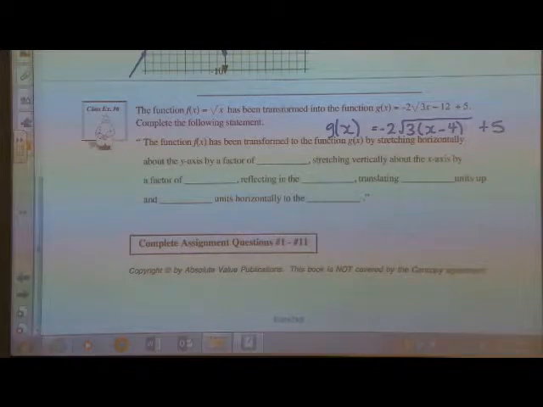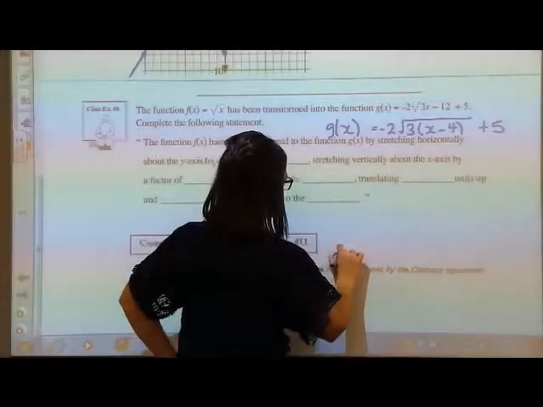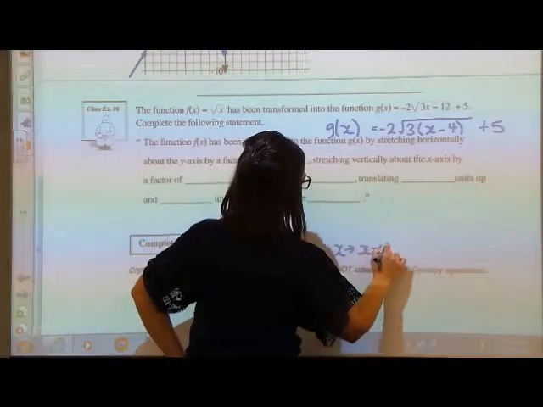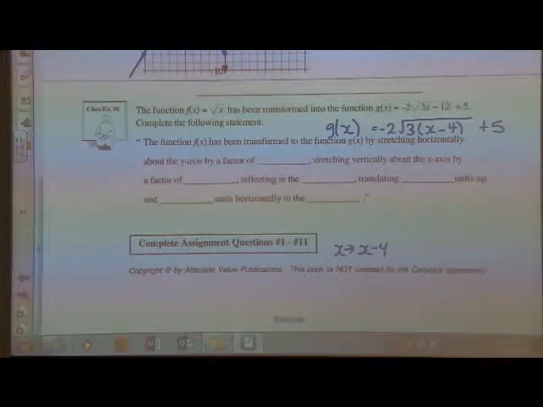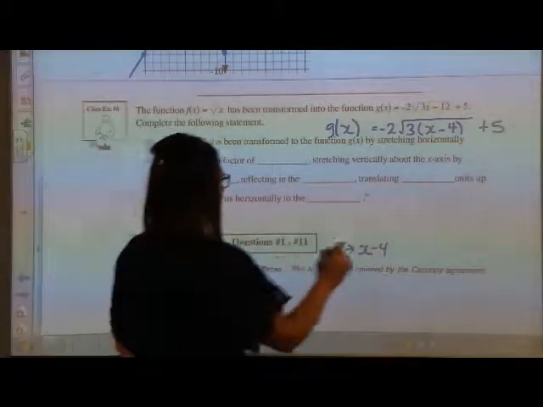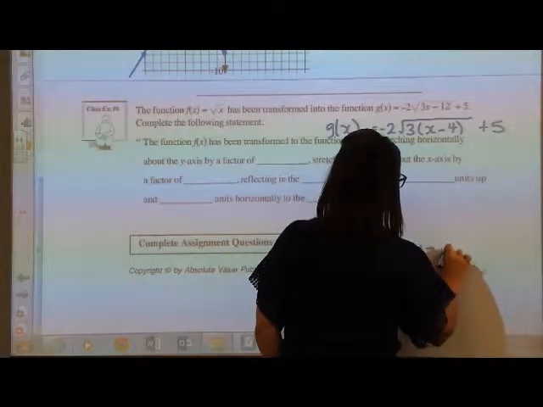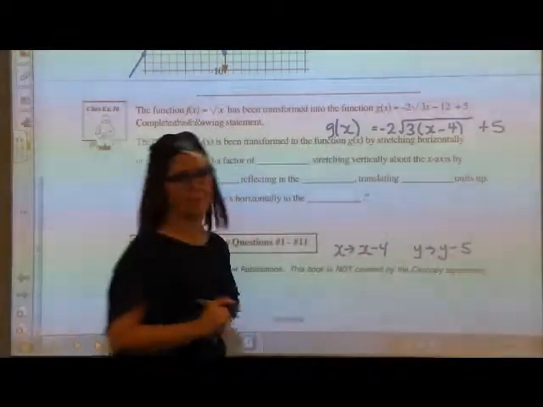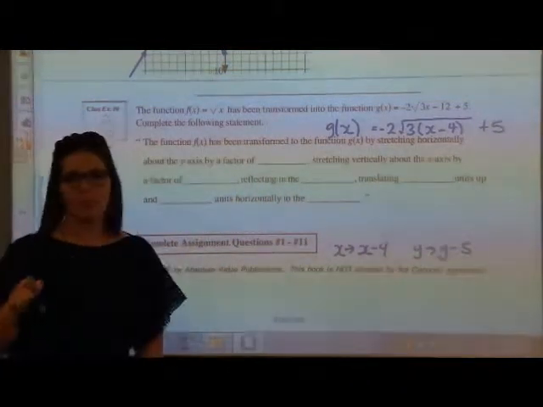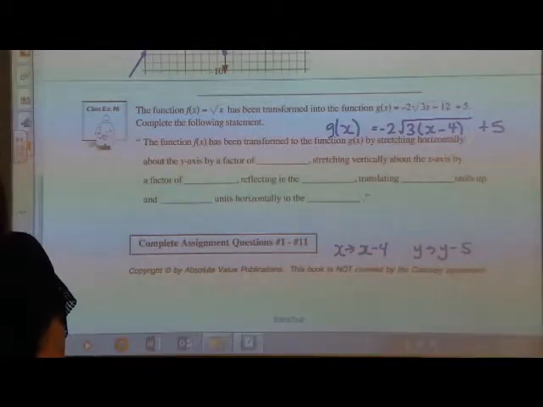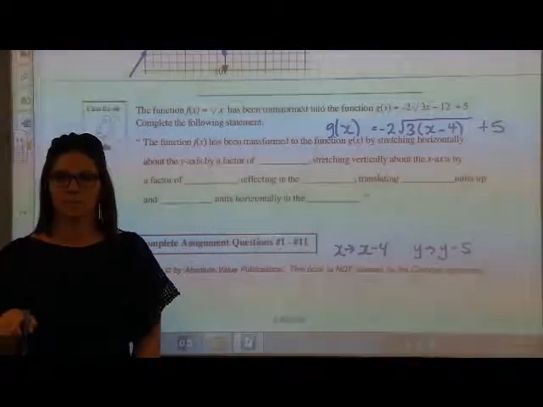Replace x with an x minus 4. Okay. What else did I replace? y with a y minus 5. Okay. x with a 3x. Did I replace x with a 3x before or after I did the x minus 4?